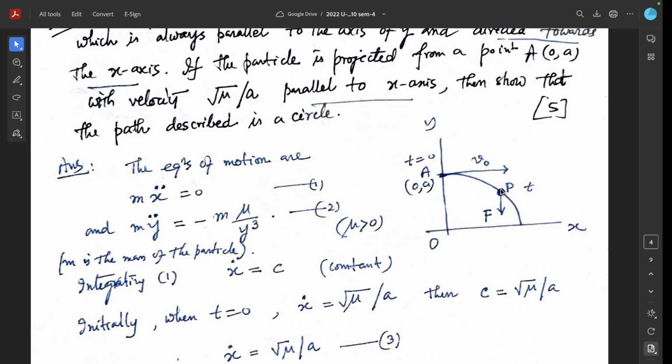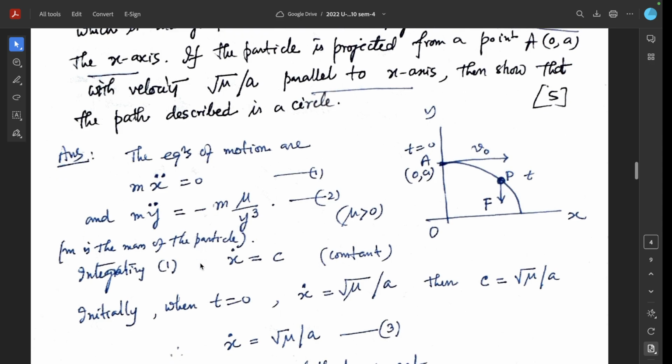This is parallel to the y-axis and towards the x-axis. So towards the x-axis means a negative sign here: minus m into mu by y cube. Here mu is a positive constant, and m is the mass of the particle P. So there is a negative sign here because this force is towards the origin. Only the force parallel to the y-axis is here.